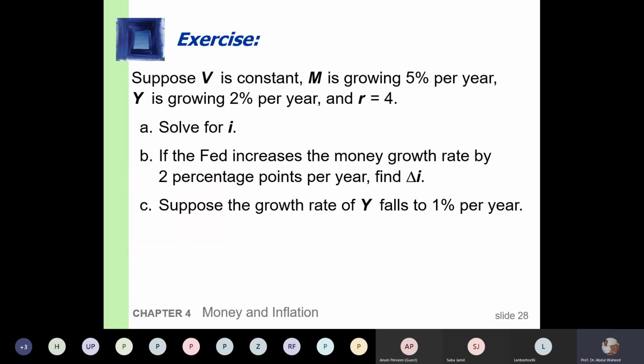Then the third question is, suppose that the growth rate of real output falls by 1%.